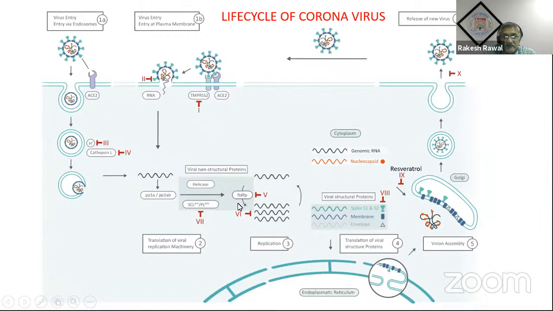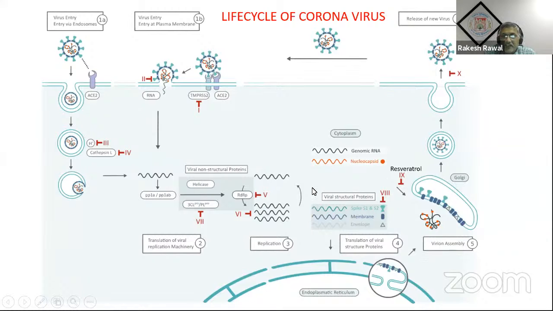Their enzyme, RdRp, which replicates the genome, can we restrict it there? All of these are points where we can inhibit. The translation of the viral replication machinery can be targeted. Here it is written as the CL protein or the PL protein. These enzymes, helicase and others, can also be targeted.